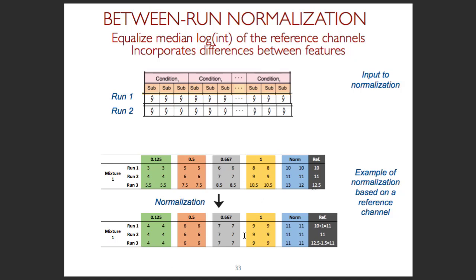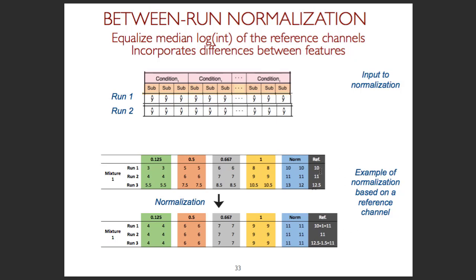And this is the example of normalization. Ting did quite a bit of work trying to understand if, for example, some versions of median shifts, or quantile normalization or so on will be helpful. In our experience with this type of data, using reference channels was really helpful for accounting for differences in type of ions that we have in different runs.